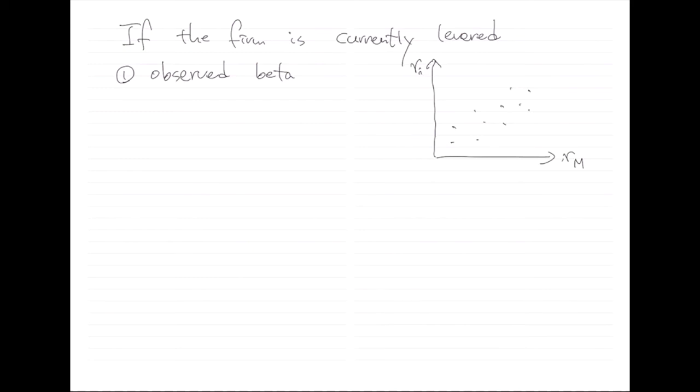Secondly, draw a regression line. The slope means the beta, right? Then calculate the unlevered beta from the levered beta.